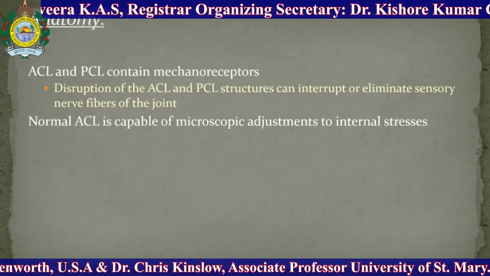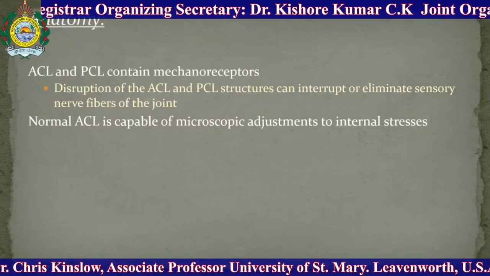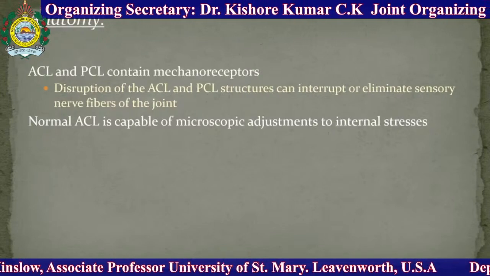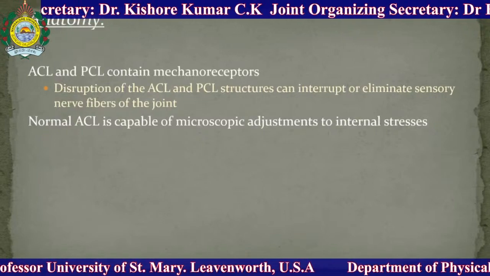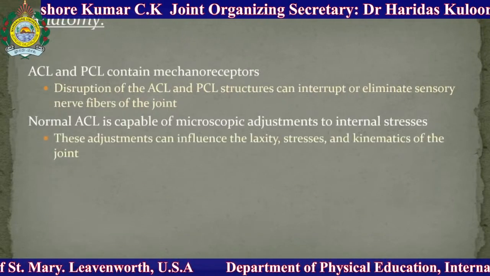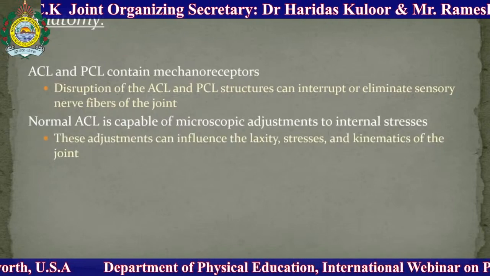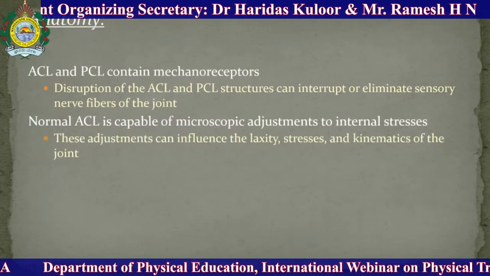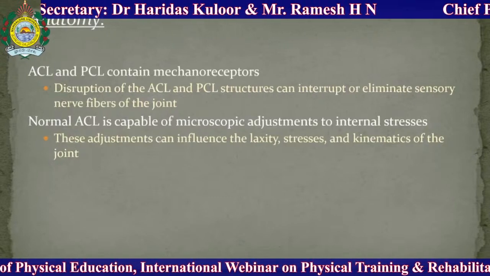Both the ACL and PCL do this, and it gives our brain information to help us make microscopic adjustments to that stress that's being biomechanically put on our knee. These can affect laxity, stress, and kinematics of the joint, and affect how our body tolerates mechanical and movement type actions.